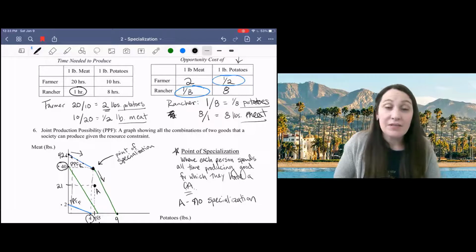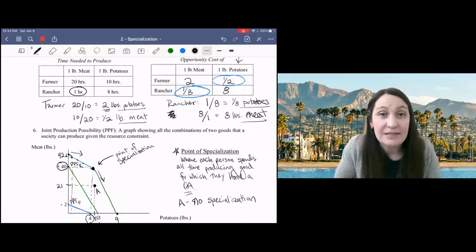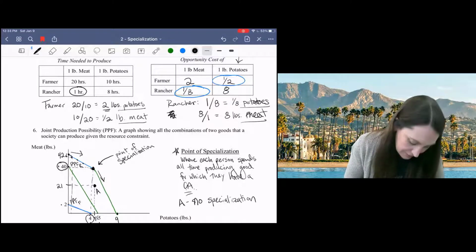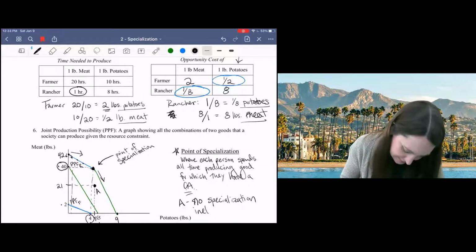Now, what do we notice about A? A is below our joint production possibility frontier. That means that A is inefficient.